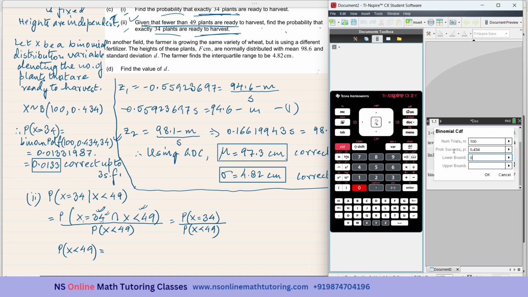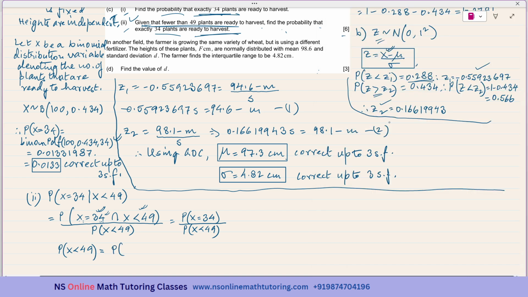Binomial distribution is a discrete distribution. You cannot have 48.5 plants or 48.9 plants. So X less than 49 means the maximum number of plants is 48. This is equivalent to writing X is less than or equal to 48.